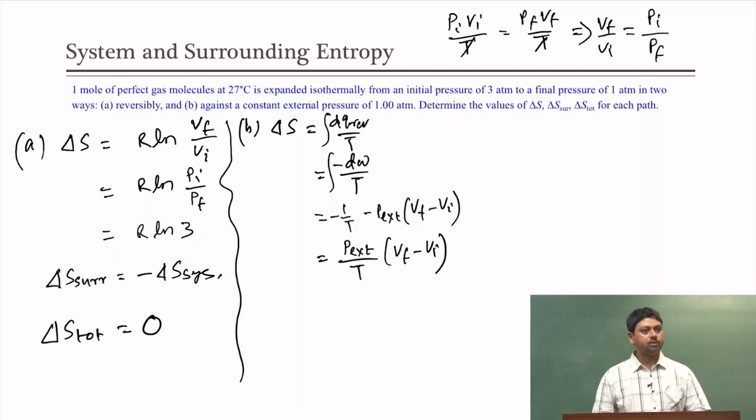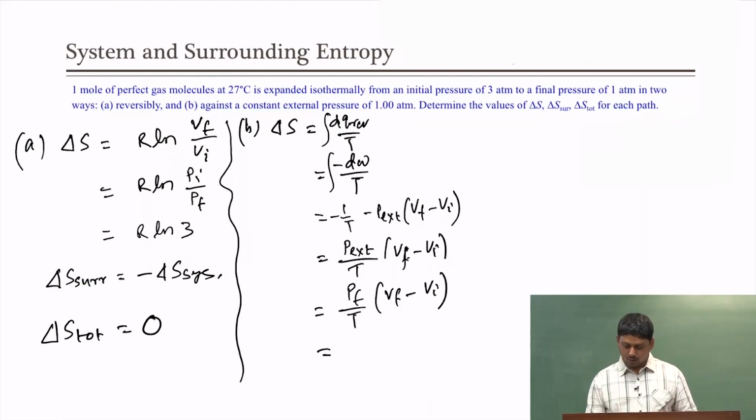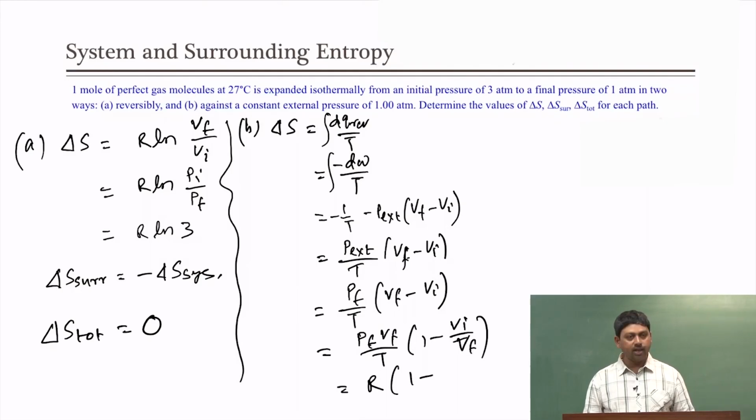Now, we have to calculate what is V f and what is V i. Again we will use the ideal gas formula. So, P f V f by T is R, times 1 minus V i by V f. What is V i by V f? P f by P i.